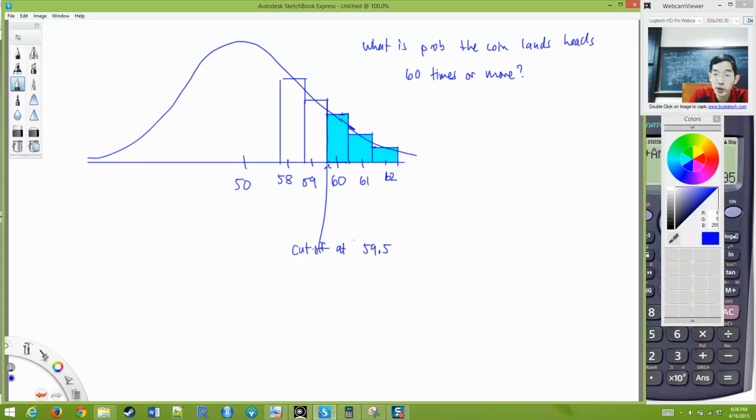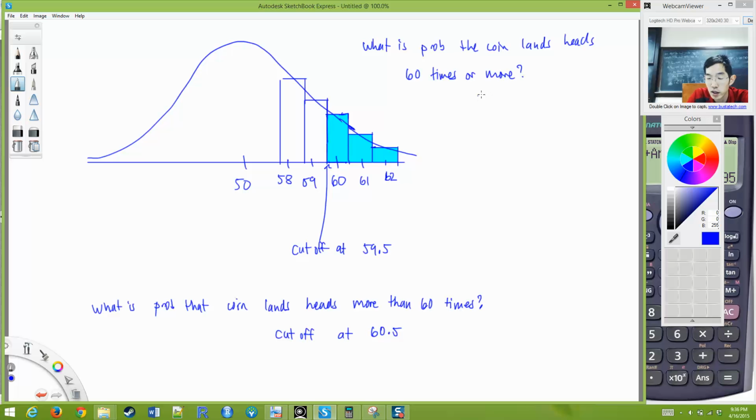If the question was, what is the probability that the coin lands heads more than 60 times? Where would our cutoff be? 60.5, okay?